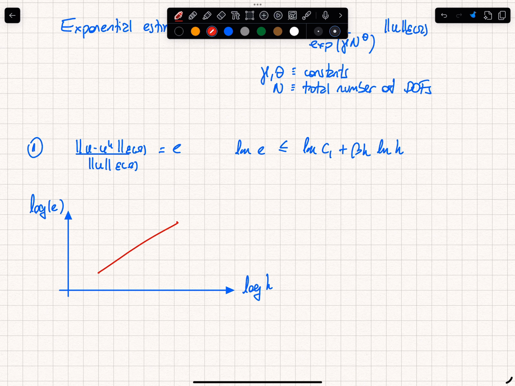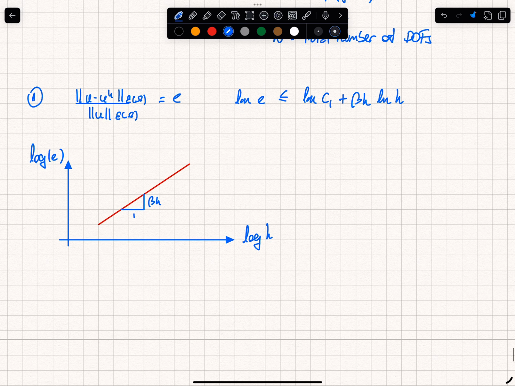So you get something that looks like this, where that is your rate of convergence, right? And keep in mind that here I have plotted basically the log of the error versus the log of h.